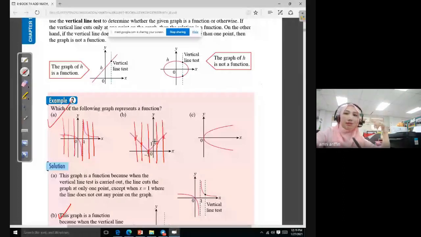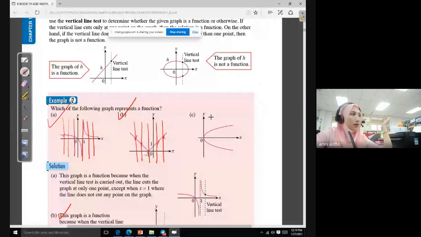Okay, and then the third graph, graph yang ketiga, kalau kamu lukis vertical line test, dia akan touch at 2 points. So kamu kena relate balik, tadi I bagi tahu, one object will produce one image only.